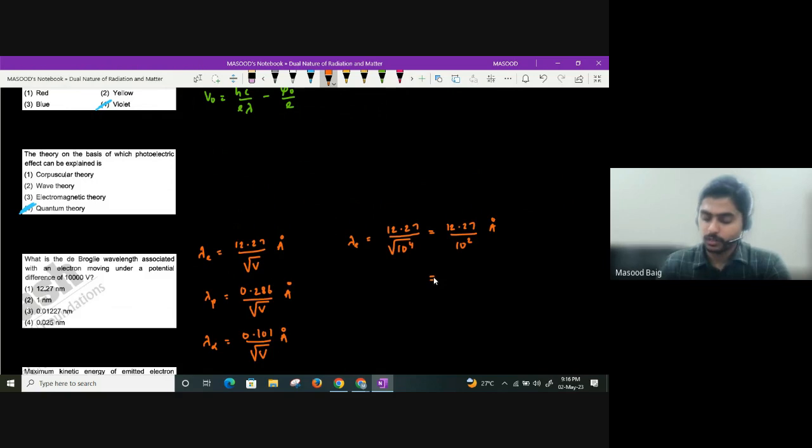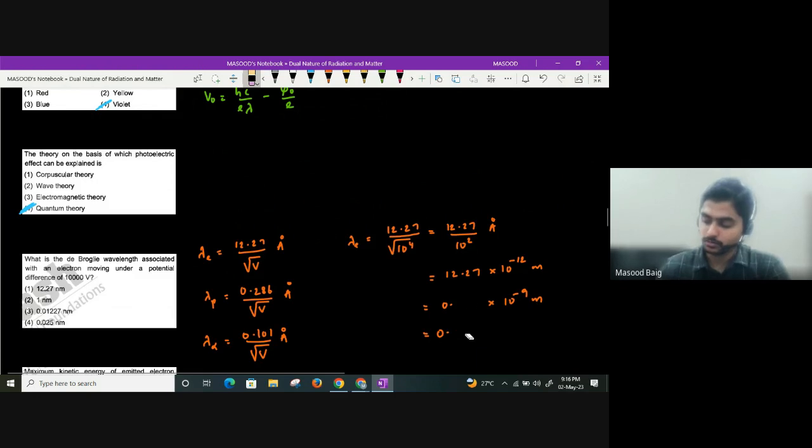So I can write it as 12.27 by 100 angstrom. Angstrom is nothing but 10 power minus 10, so you'll get it as 10 power minus 12 meters, guys. Or I can write it as 0.1227 into 10 power minus 9 meters, which turns out to be 0.1227 nanometer, guys.